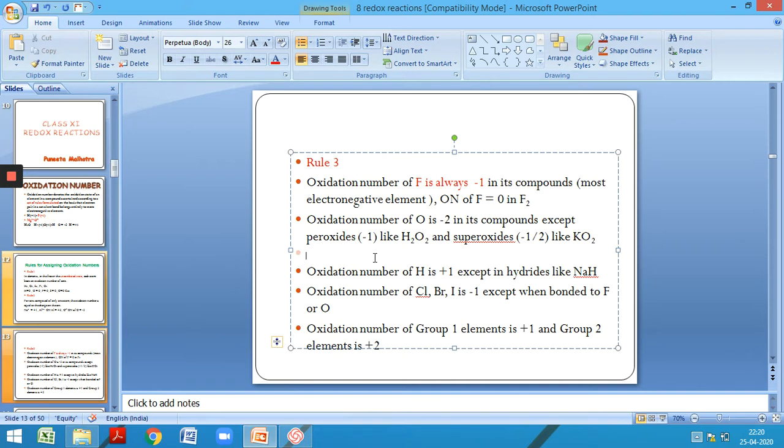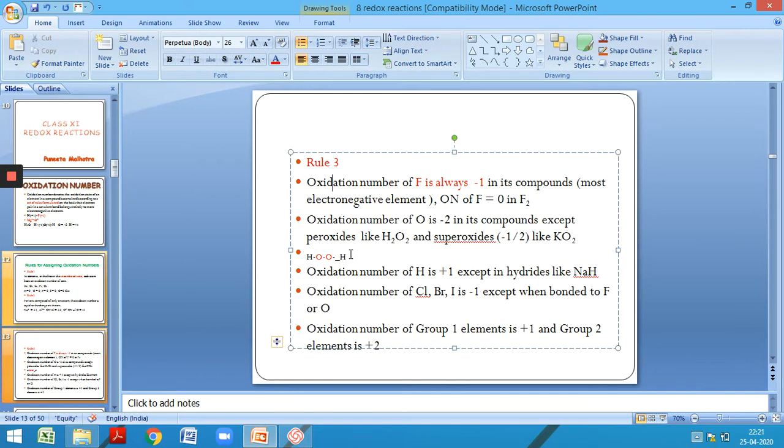Peroxide means that the bond is of the kind HOOH. So whenever you have an oxygen single bond oxygen present, this is a peroxide bond, and each oxygen atom will have a -1 oxidation number in this case. What about compounds that oxygen forms with fluorine, for example?